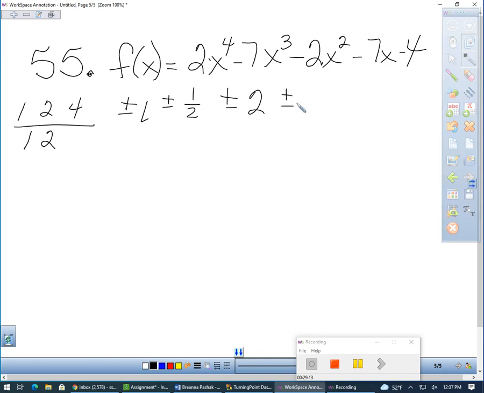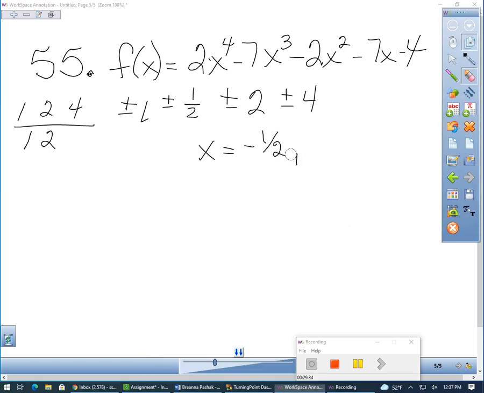Plus and minus 4, and plus and minus 4 over 2 is the same as 2. So we have 8 possibilities. Out of those 8, how many do we have to find? We have to find 2. Those 2 are -1/2 and 4.